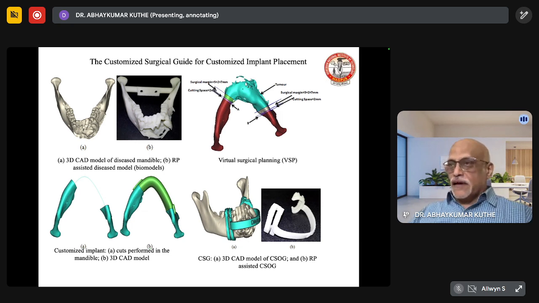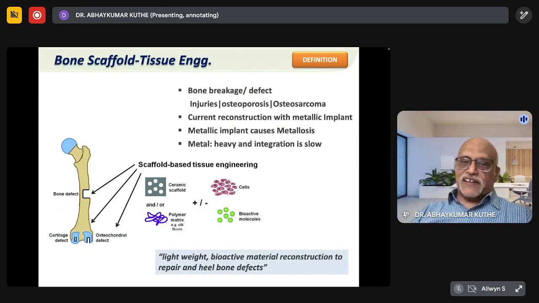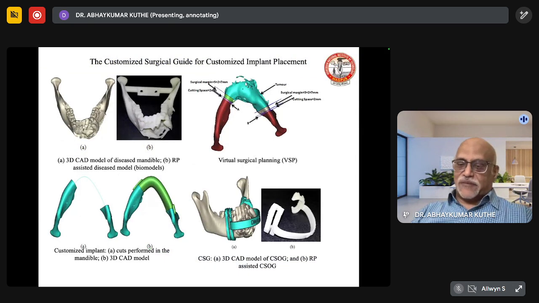It is a flexible one, and it is possible for the doctor to look into the slot where he can use the scalpel and cut that particular portion and then fit the implant, which is developed using software like Mimics. So these are some of the nice cases that we have done.